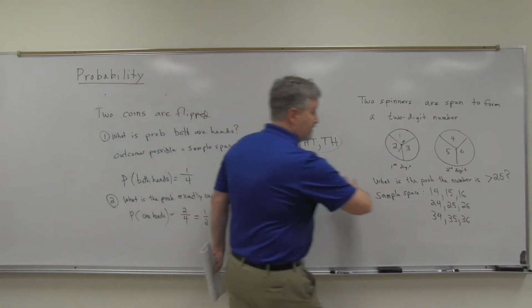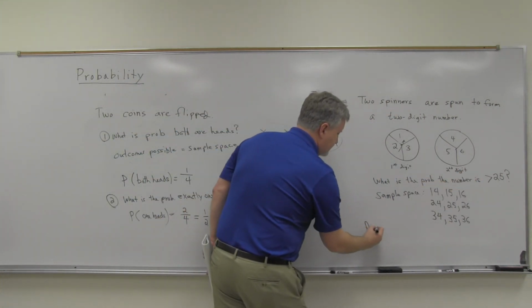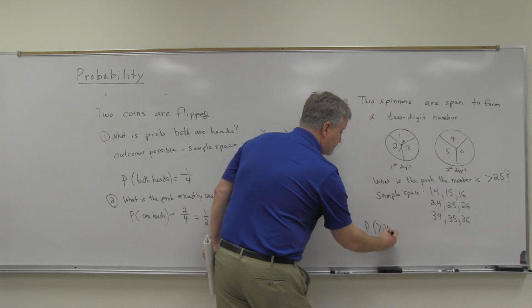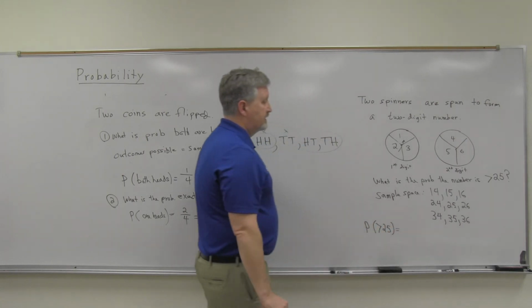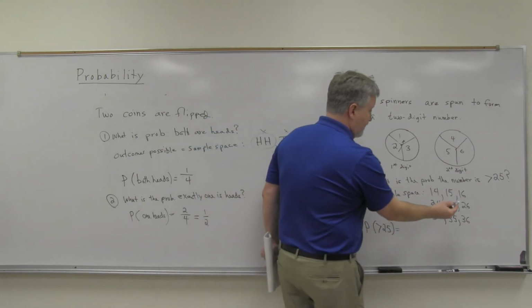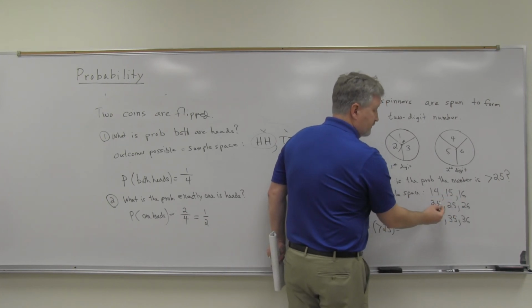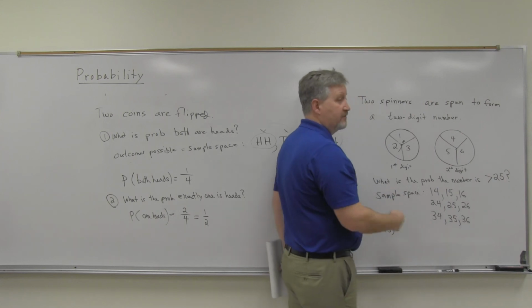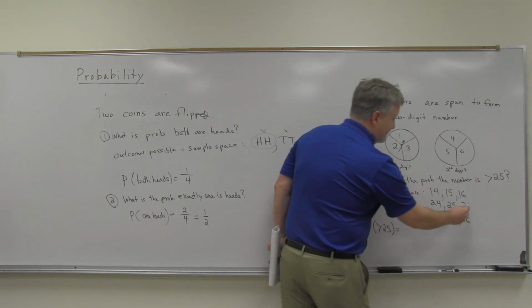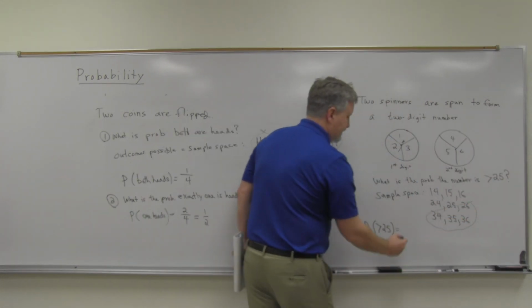So now we can figure out, all right, what's the probability that we've got greater than 25? Well, which numbers over here are greater than 25? Well, the first few aren't. 25 is not greater than 25. So these 4? Yep.